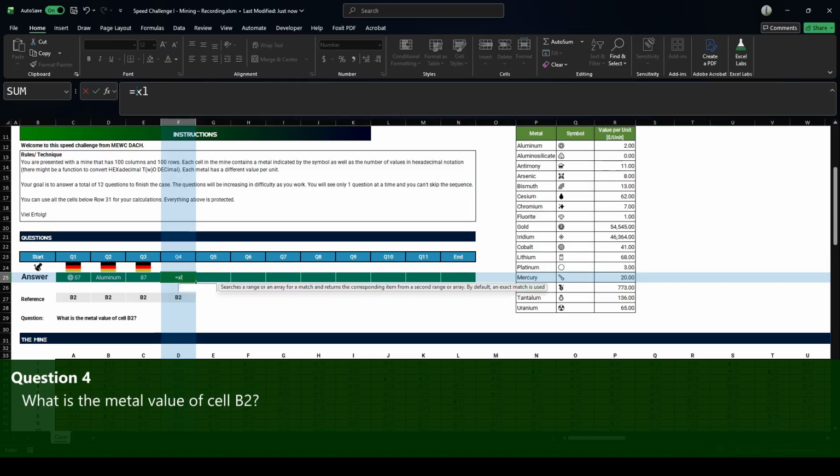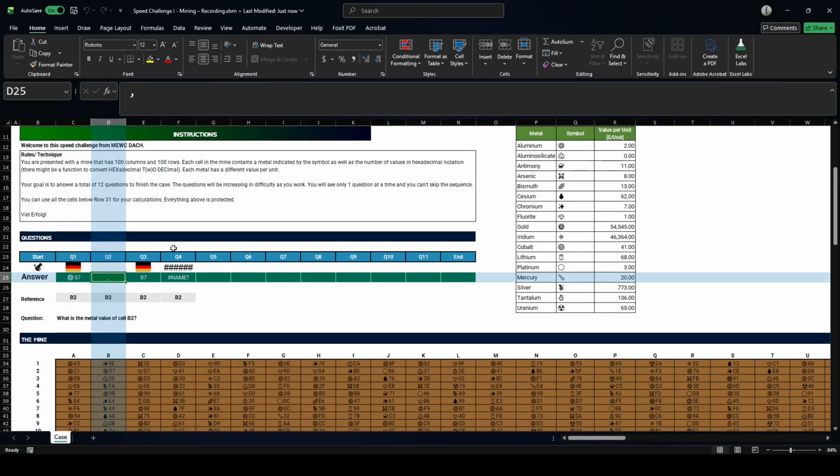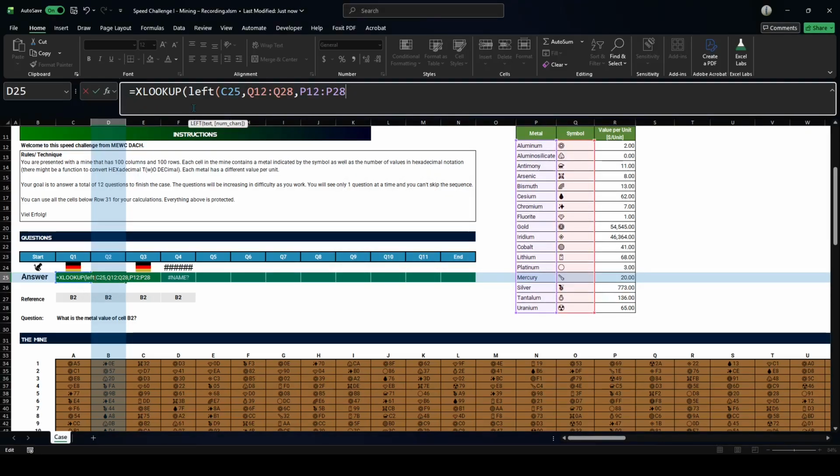Okay, so XLOOKUP. Whoa, no, I broke it. Don't break. I can't undo. Okay. What was the formula I had? What was the question here before? I think it was XLOOKUP left of this from here, returning here. And I've got to close this here.